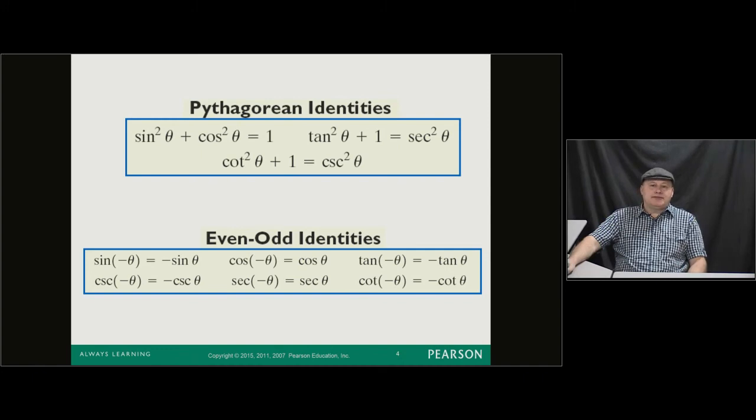And, probably more importantly, the algebra itself, being able to manipulate expressions from one form to another. The manipulation is the algebra aspect, and to be quite honest with you, most students probably have more trouble with that than the trig itself.